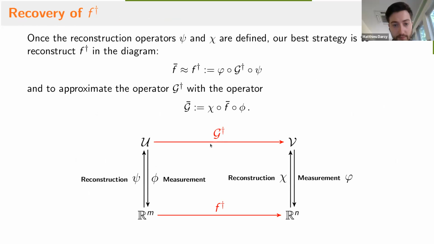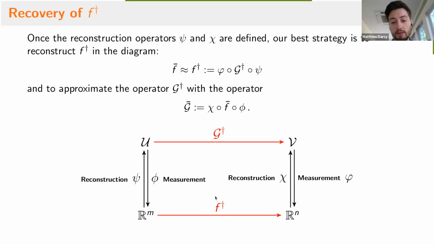And our goal here is to learn this function f dagger, which is vector valued, right? And so as a reminder, what it does is it goes from Rm, this measurement space, through the reconstruction operator psi, which we've defined, through this unknown operator G-dagger, and back down through the measurements varphi.